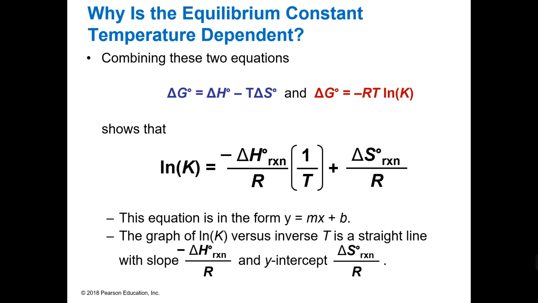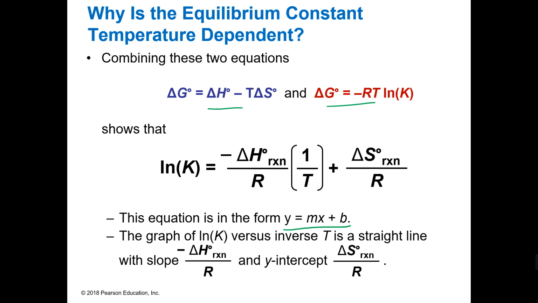Well, if you think about this in a mathematical way, the larger or smaller the temperature, the more mathematically things can change to have a positive or negative delta G. So if I were to combine these two equations and rearrange it, so I had the natural log of K equal to a combining of these two equations, you would see that it is in this y equals mx plus b form. So once you see that straight line equation, you know that it's going to be completely temperature dependent.